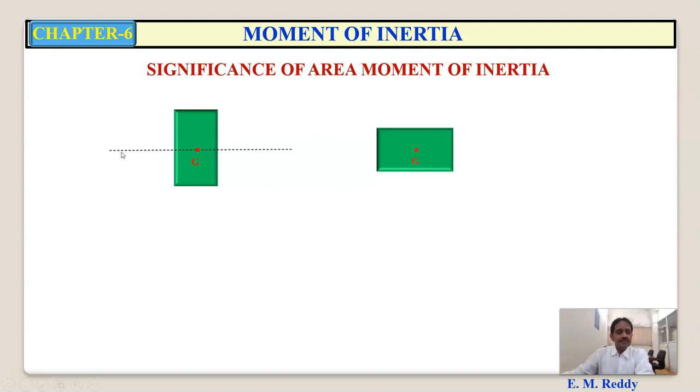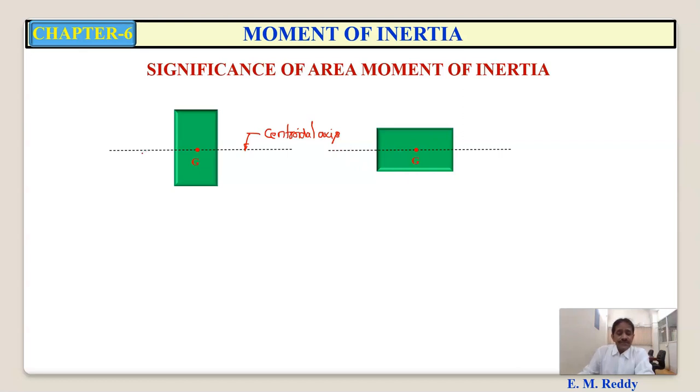Let this axis be passing through the center of gravity or centroid of the section. So it is known as centroidal axis. Right? Similarly here we have an axis passing through the centroid of this section.